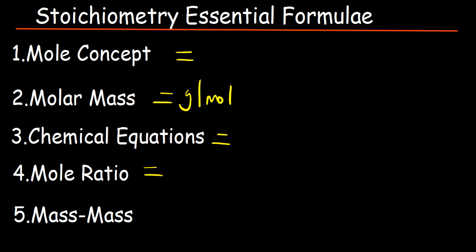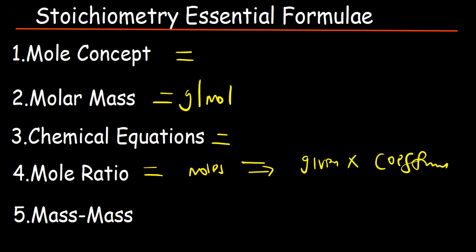The moles that you require, or the ones that are formed, will be given by the moles that you've been given multiplied by the coefficient ratio. Then for mass to mass, you convert mass to moles, use the mole ratio, and convert moles back to mass. That is what you're supposed to do.